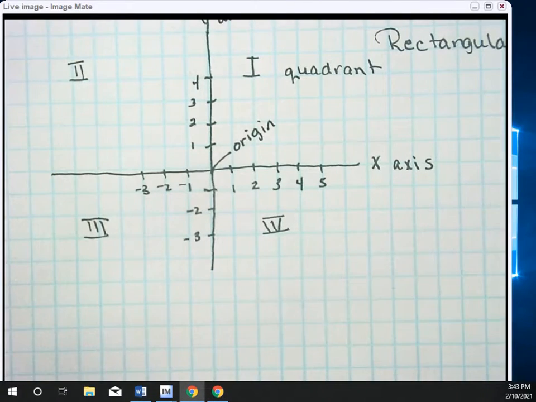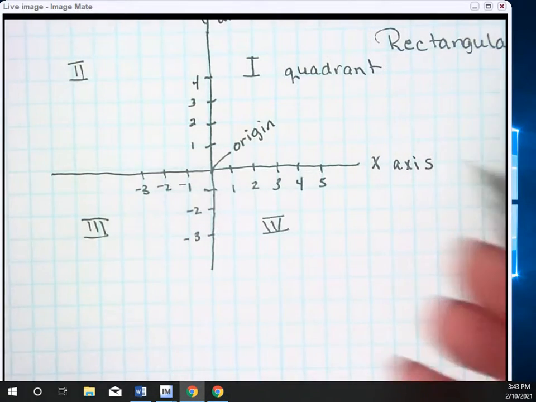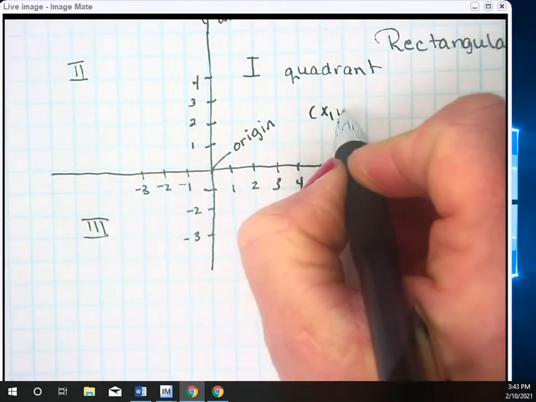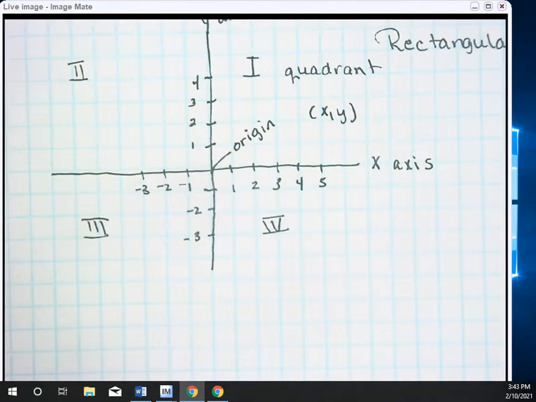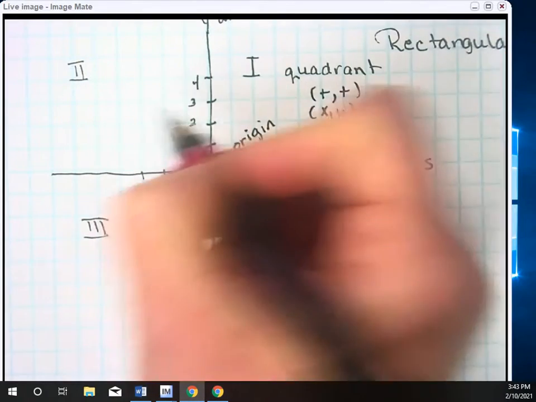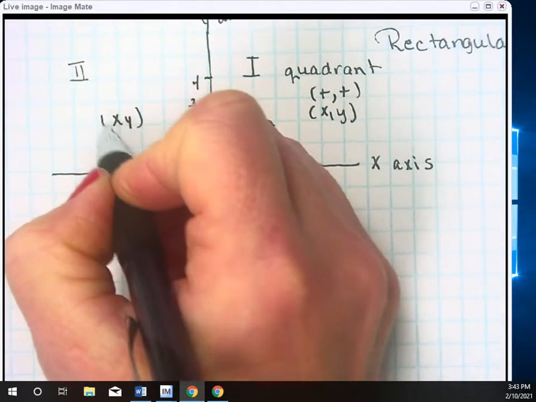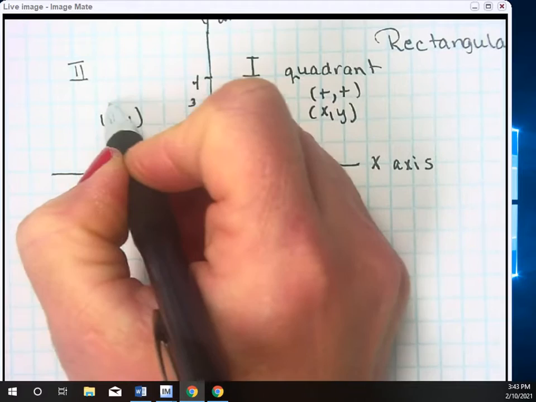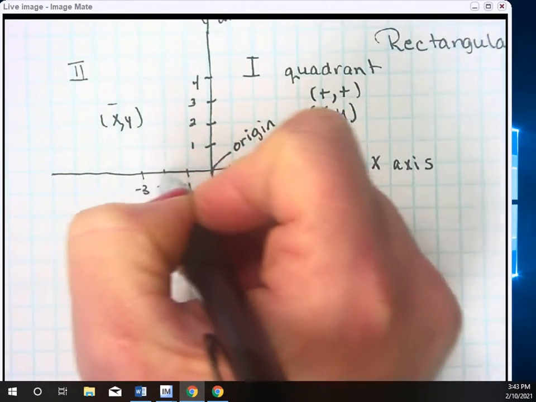The ordered pairs that we are going to start talking about have x and y values. The x value in the first quadrant is positive. The y value is positive. The x and y values in the second quadrant, the x's along the x-axis are negative.